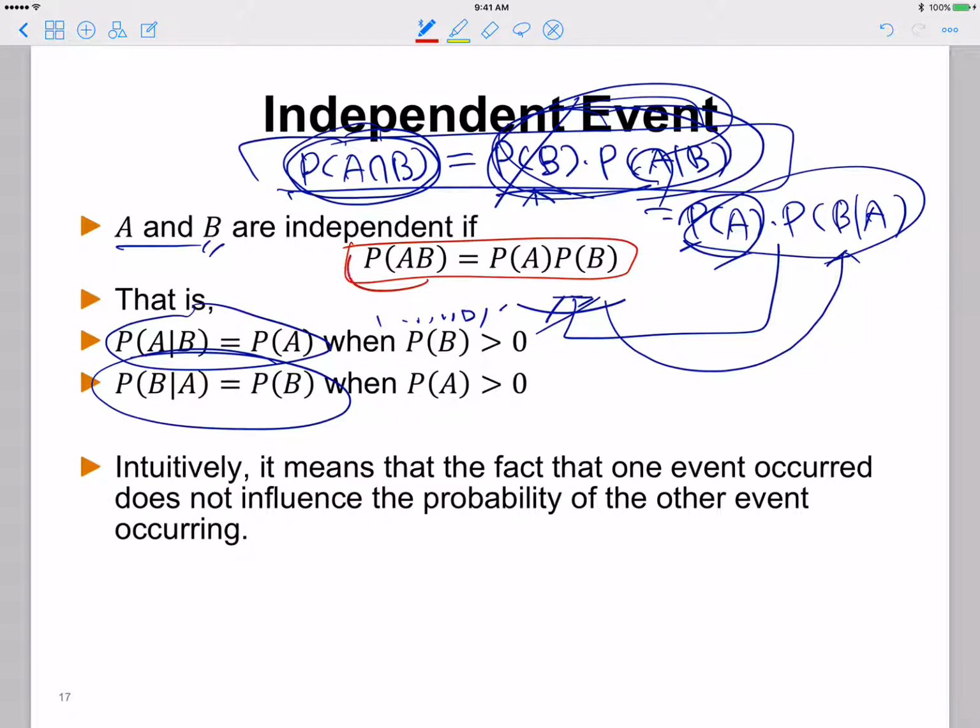By the fact that this and this are the same thing, it's just a notation difference, and this is written by this. If we equate it and cancel it, it means P of A is the same as P of A given B. And also, if we use this, then we obtain this equation.